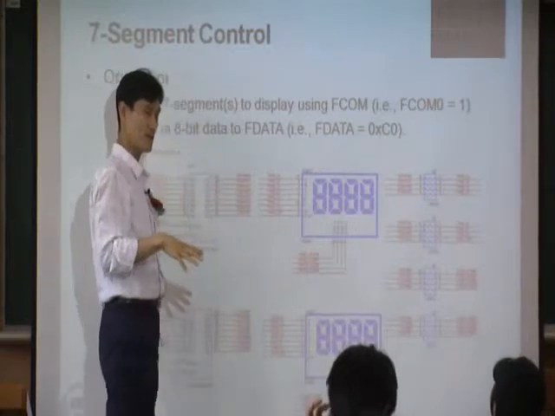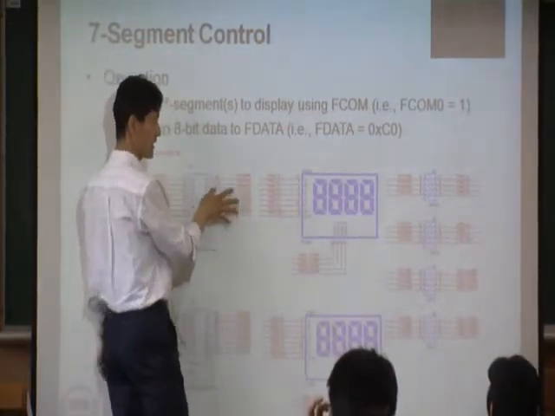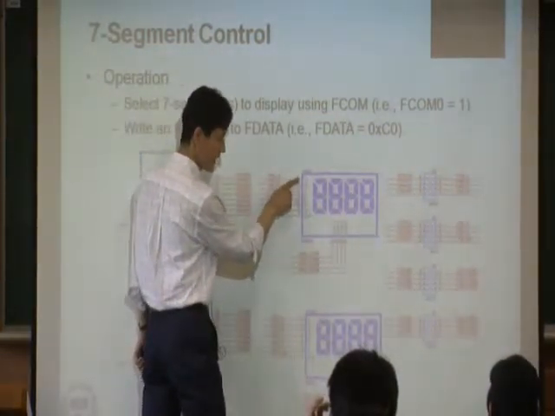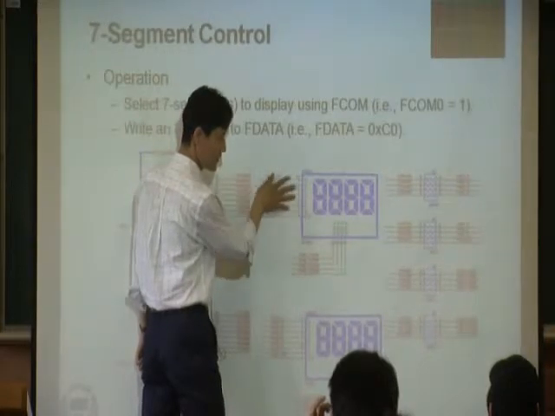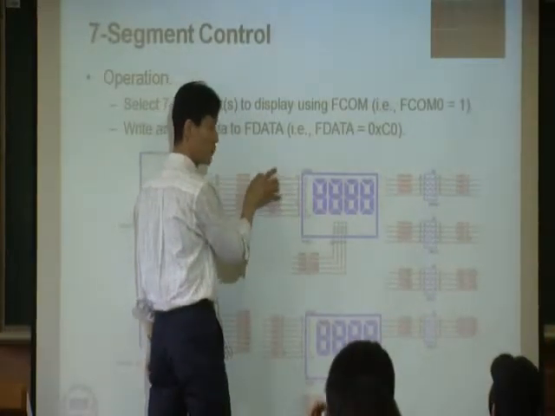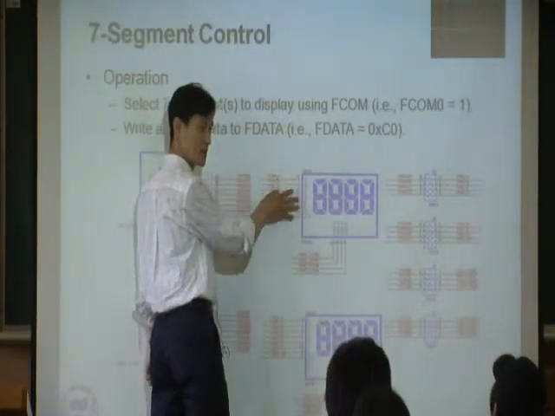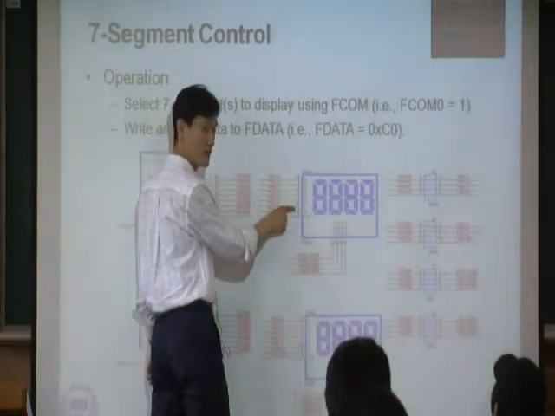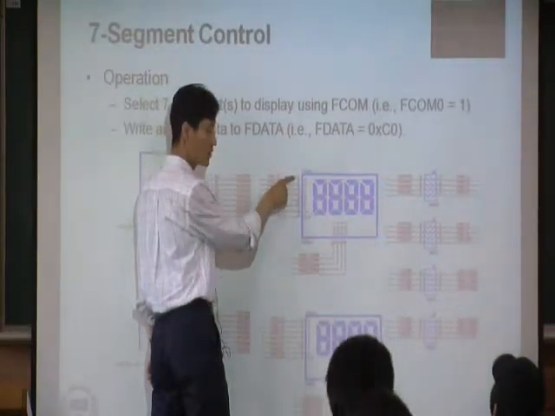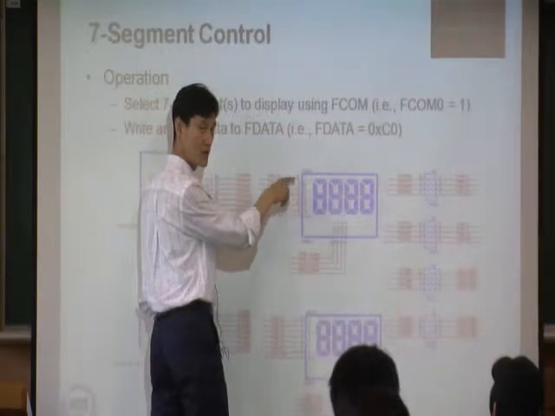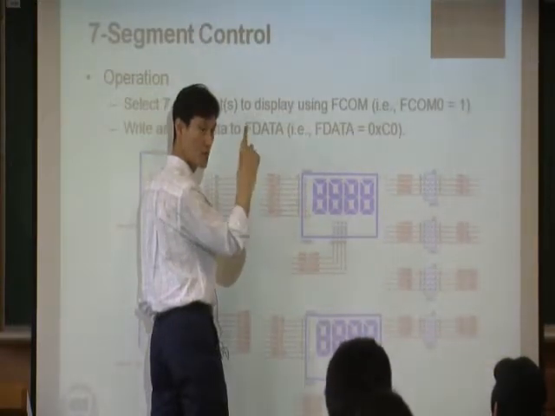So what happens in this case is, let's say I turn on A, B, C, D, E, F right here, since we only have one set of 8 pins. When you turn on A, B, C, D, E, F, what number do you have? 0, right?